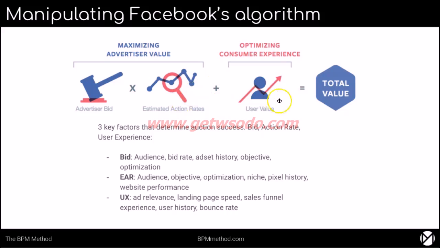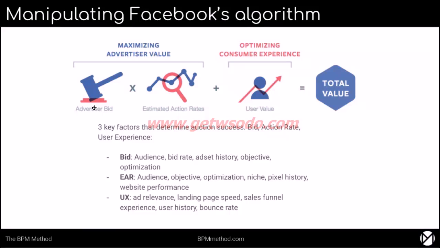And these two things are another reason why we go through the graduation testing process, which we'll see further on in the training, because I want the best estimated action rate and I want the highest user value, so that when it comes to bidding, Facebook will automatically give me the best users in the auction at the lowest cost.